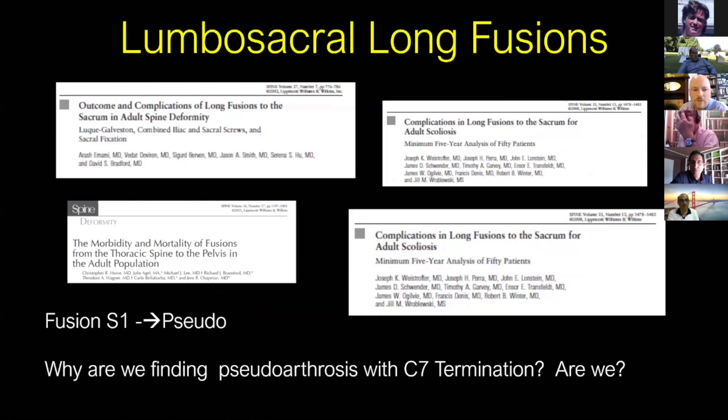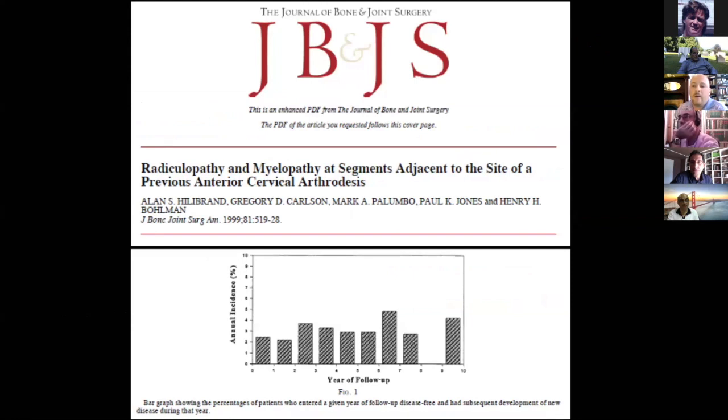Most of the time when we talk about fusing across the lumbosacral junction, that's when we start to talk about pseudoarthrosis. So my question is, why, when moving from the mobile cervical spine into the thoracic spine, do we find that pseudoarthrosis occurs when we terminate at C7? That doesn't make sense.